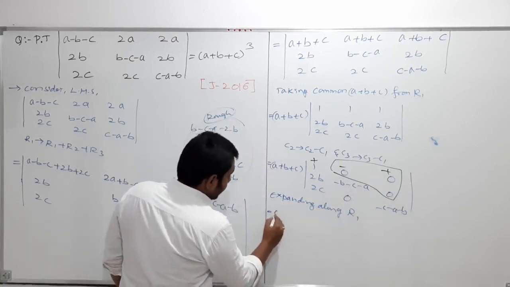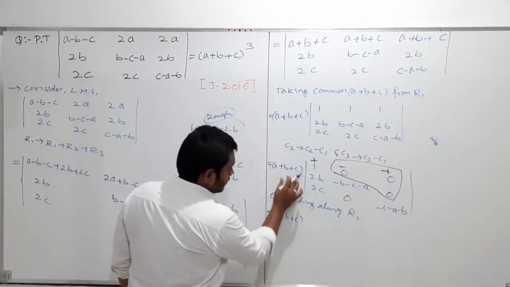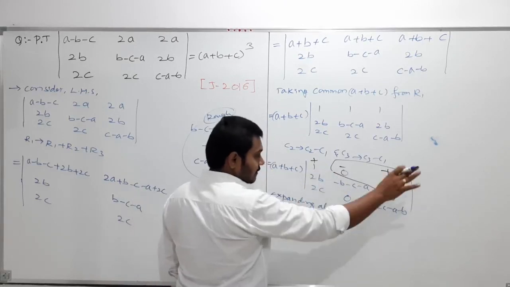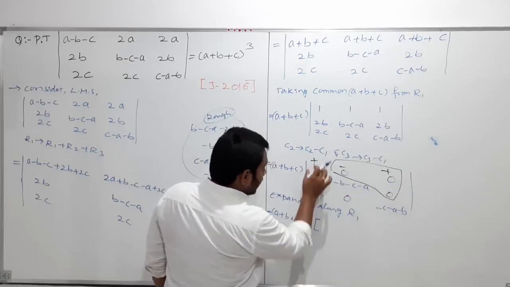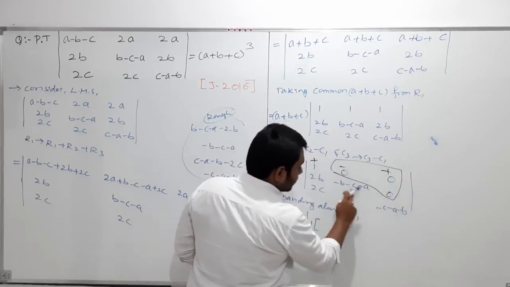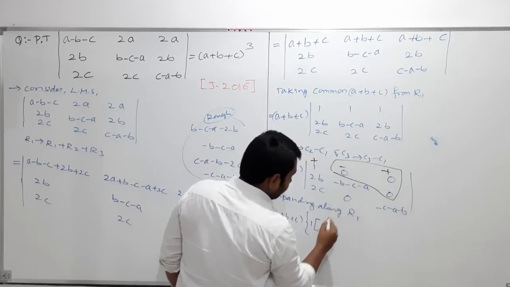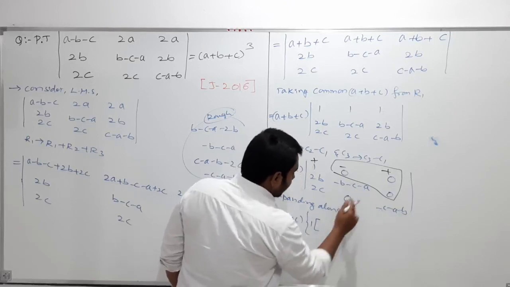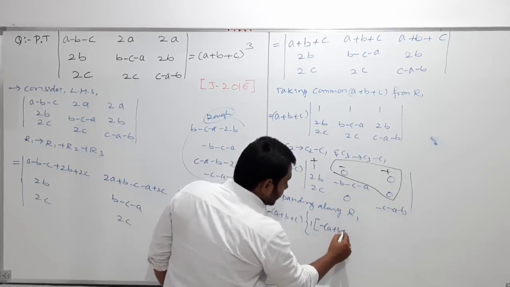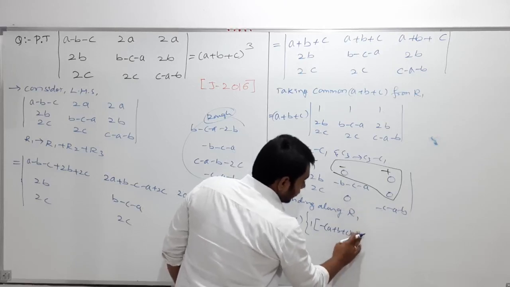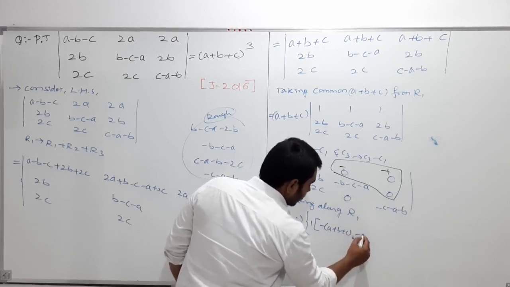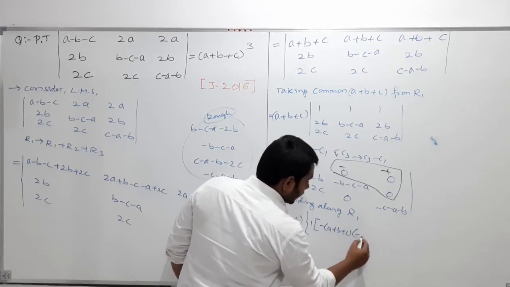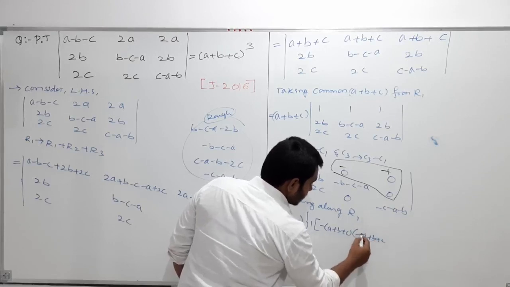So therefore here it is a plus b plus c, this is as it is. Now plus 1 into 0, and anything into 0 is 0, so leave this one. Only I get 1 into the remaining after leaving this column and this row. So what is remaining? Minus b, minus c minus a, here also minus b, minus c minus c. So I am taking minus common: minus of a plus b plus c into, here also a plus b plus c.